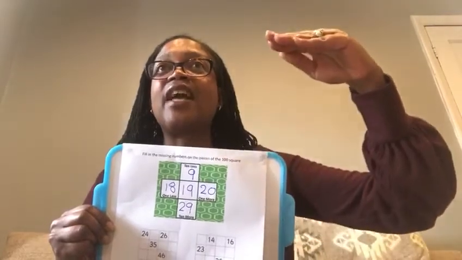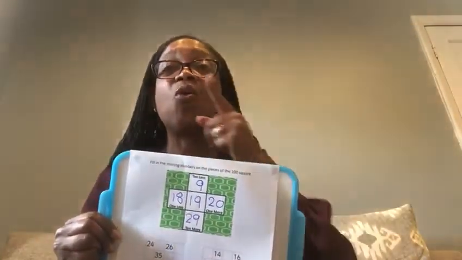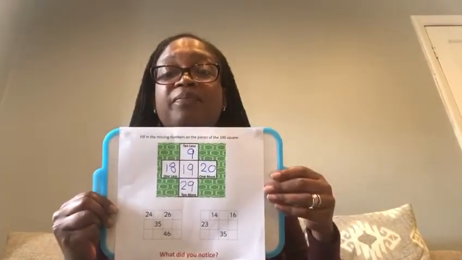If I'm adding 10, I need to add 10. If I'm finding 10 less, I need to have that image of 100 square in my mind and take 10 away. And then if I'm finding one less than a number, which direction am I going in? And then again, one more, which direction am I going in?